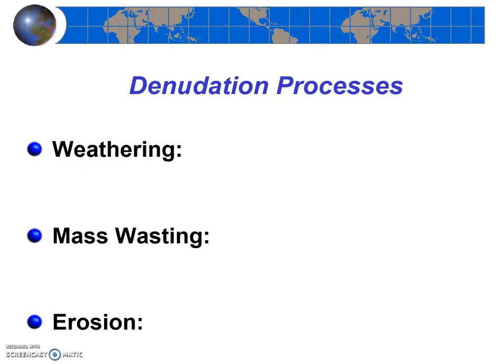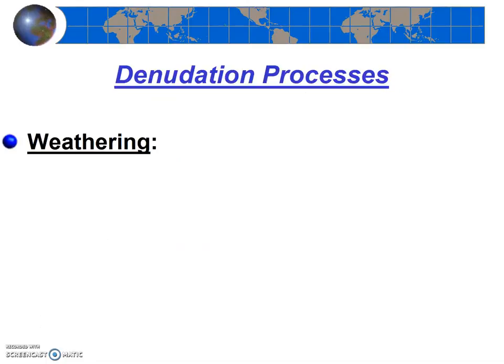Next, we also need to define each of these 3 processes. Are you taking notes? If not, get out a paper and pencil and get this down. First, let's define weathering, and you'll see that there's actually 2 sub-processes involved.